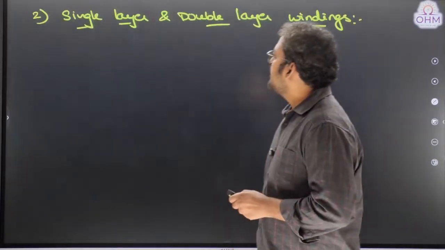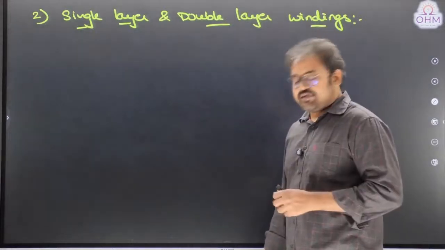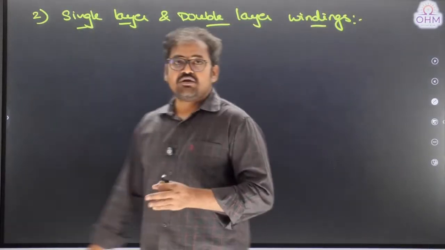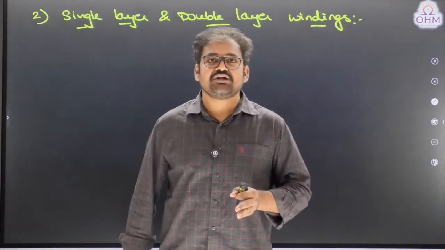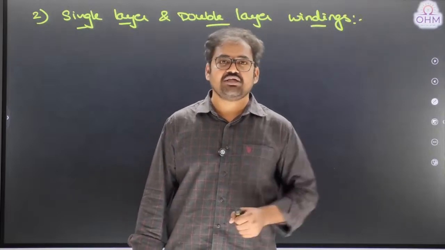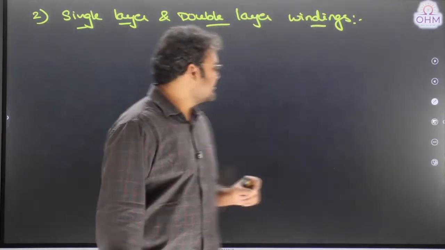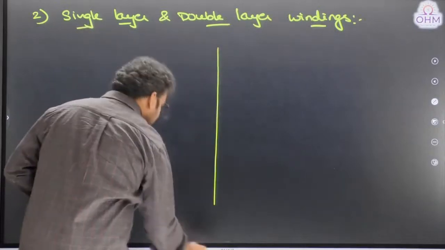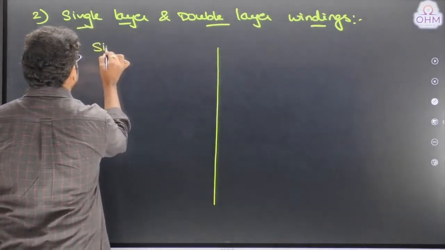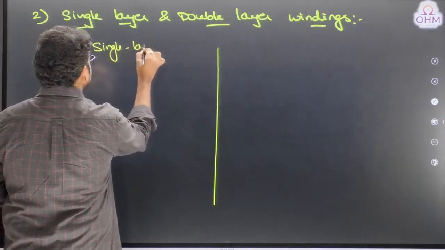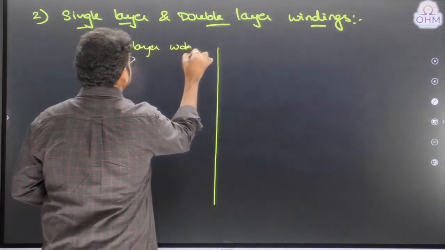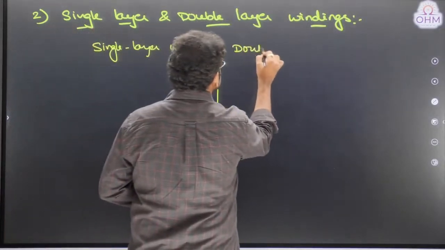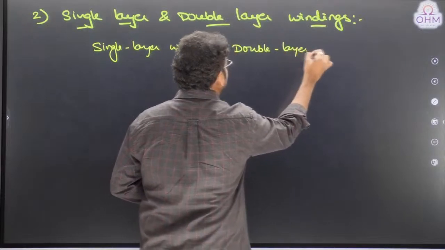All right. Now, the next important term we need to understand is what is meant by single layer winding and what is meant by double layer winding. A very simple difference. Let me divide the page into two parts. One side I will consider single layer winding, the other side double layer winding.